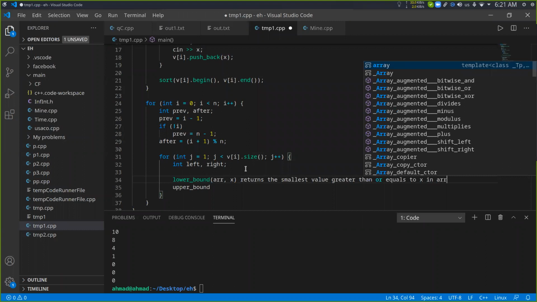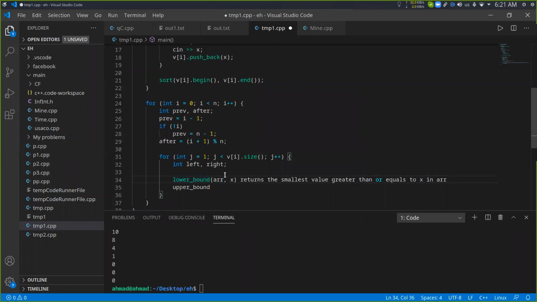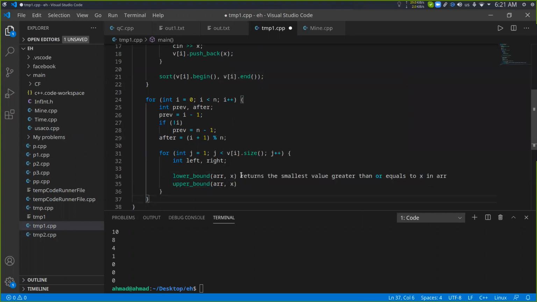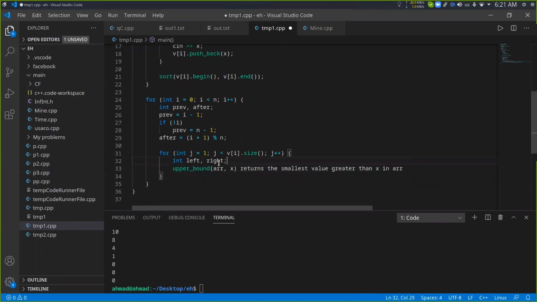Upper bound is the same thing, but not or equal: it returns the smallest value greater than x in the array. In our case, we want to use upper bound, so we want to get the index of the first smallest value greater than.